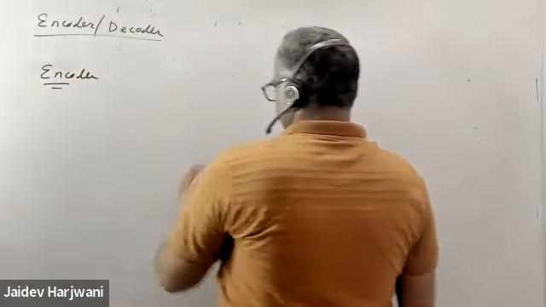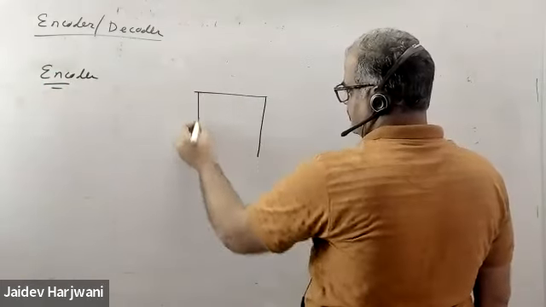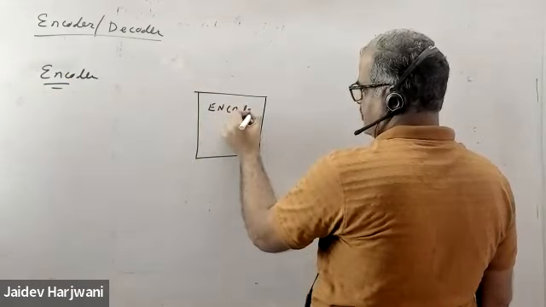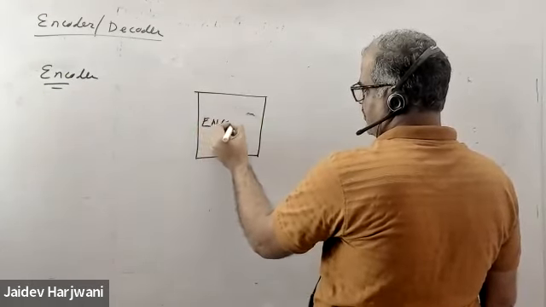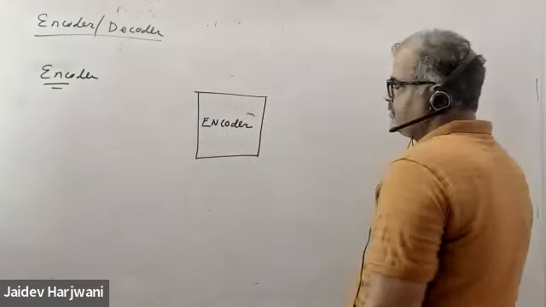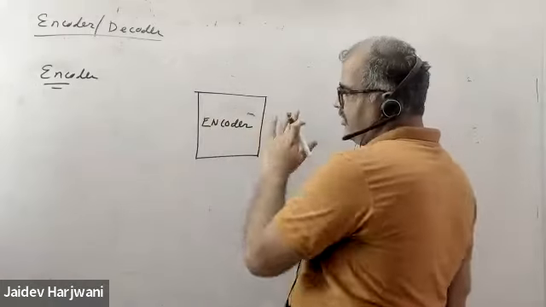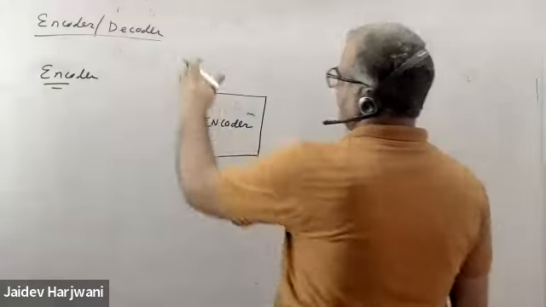So this is your block diagram of encoder. Encoder is basically a multi-input and multi-output logic function. So it has many inputs and many outputs.